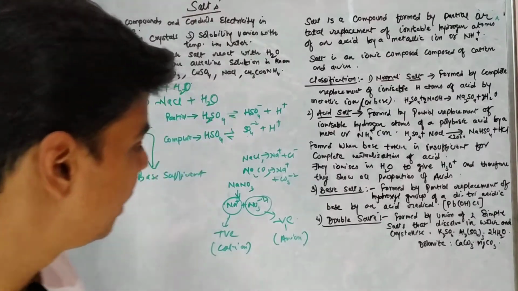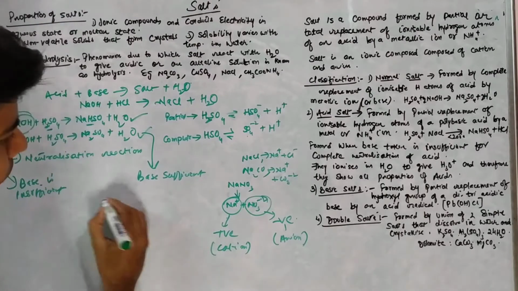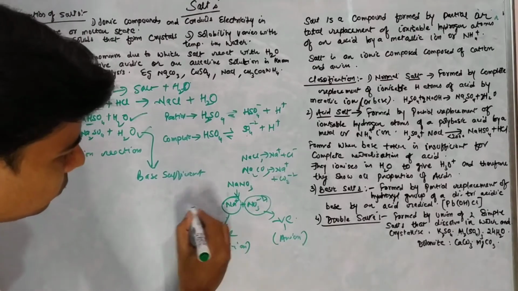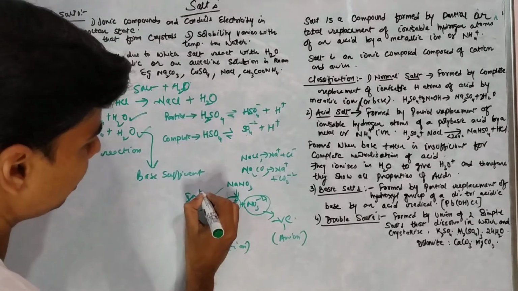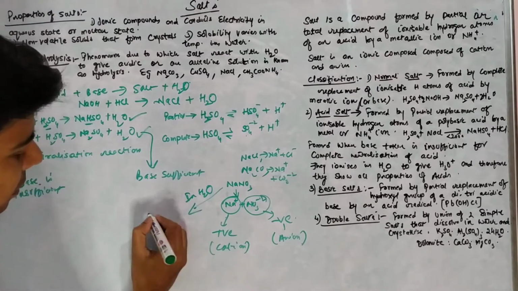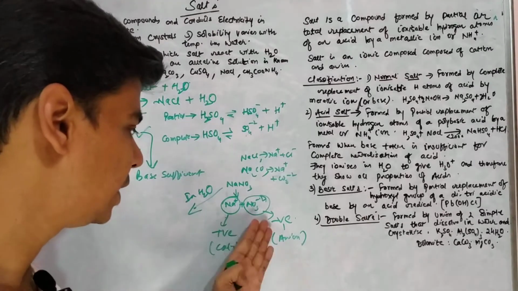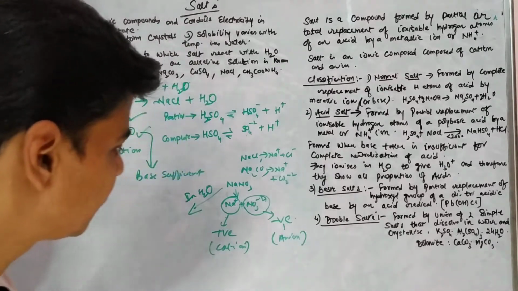And when these salts are dissolved in water, they break up into cation and anion. In solid state, these anions and cations are held together by electrostatic force of attraction.